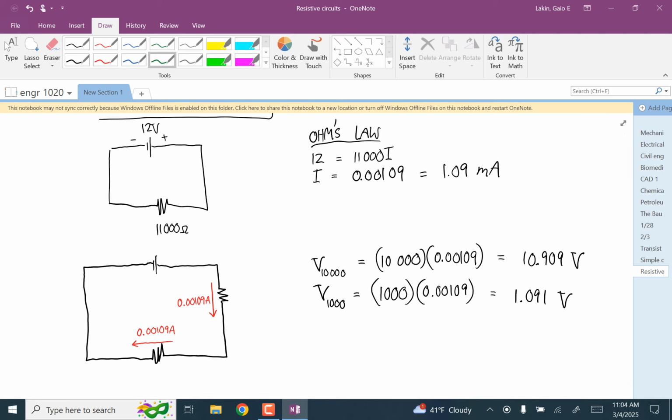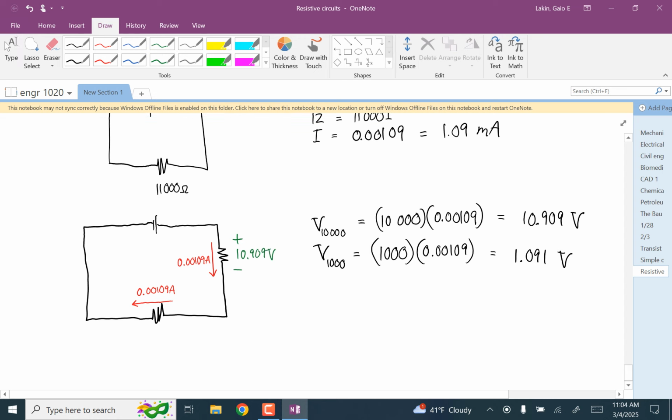And so we have a voltage across the 10,000 ohm resistor of 10.909 volts, and a voltage across the 1,000 ohm resistor of 1.091 volts. And again, they always have to add up to the total voltage coming from that power source. So if you add those up, they give you 12 volts. Okay.